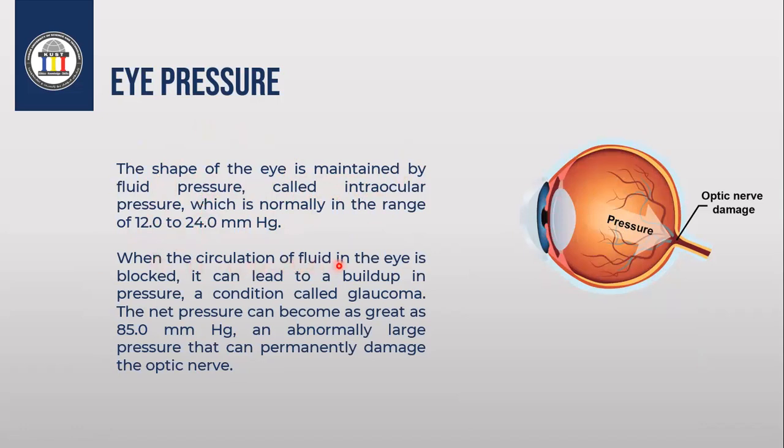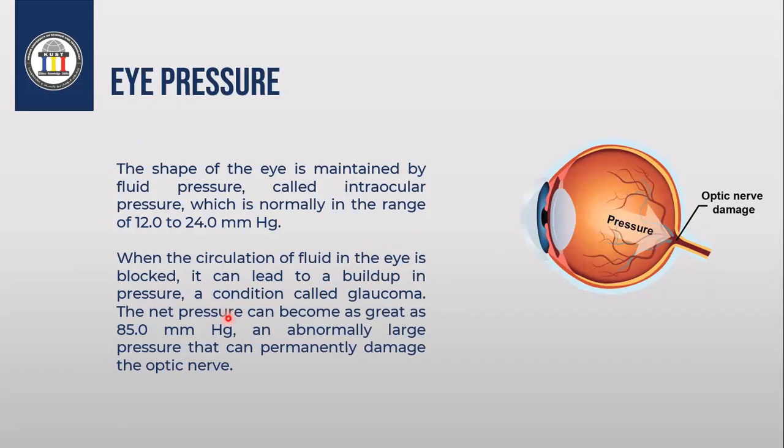When the circulation of the fluid in the eye is blocked, it can lead to a build-up in pressure. When this area is closed, the fluid cannot go out or in, so the pressure increases inside. This condition is called glaucoma.